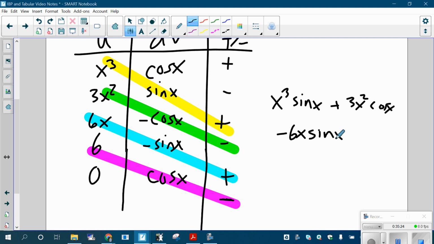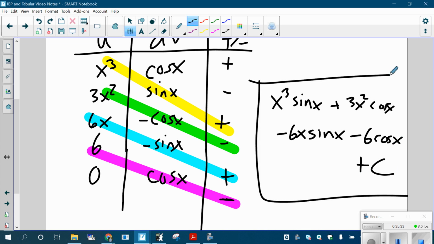It's positive. 6 times cosine x is 6 cosine x, but it's negative, so I'm going to subtract it, minus 6 cosine x. It's an antiderivative, so I'm going to toss down a plus c, boom, we're done.